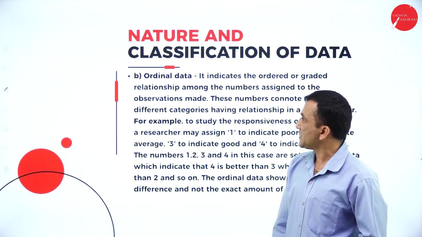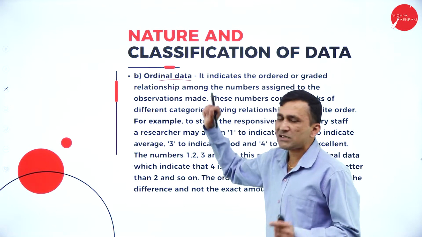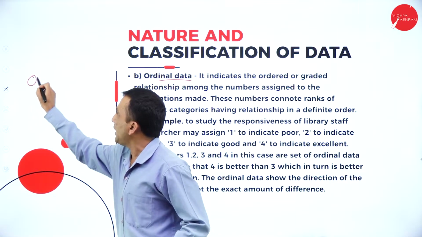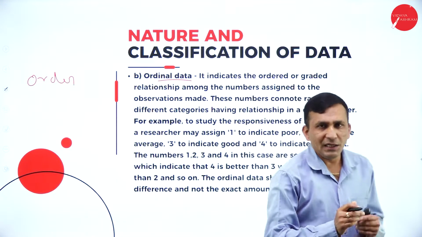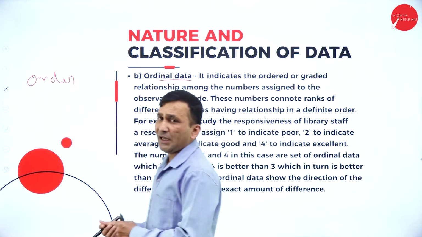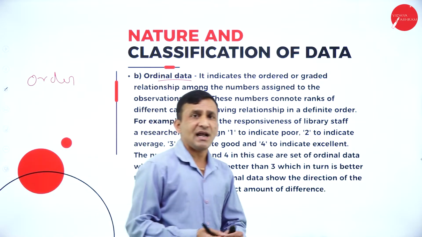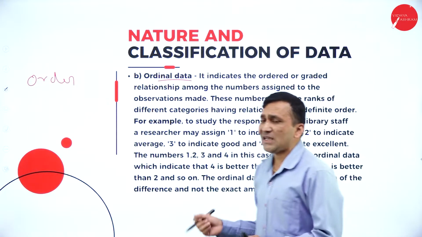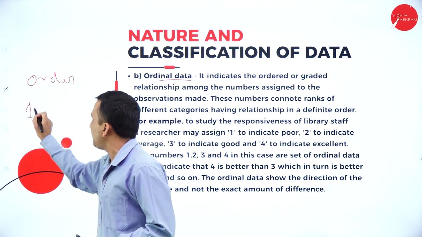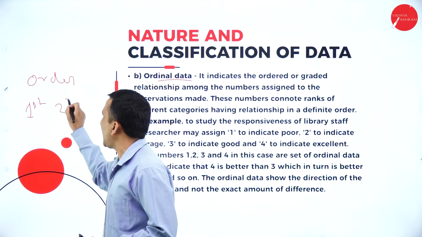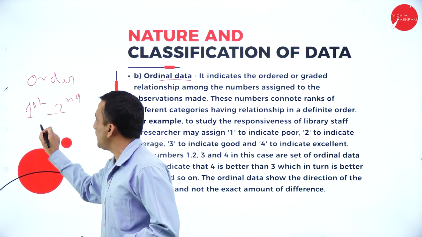Moving forward to the next data, ordinal data is nothing but data in order. If you take an example in the class, when you assign a rank, first rank, second rank, third rank, the difference will be equal. For example, between first rank and second rank the distance will be 1.